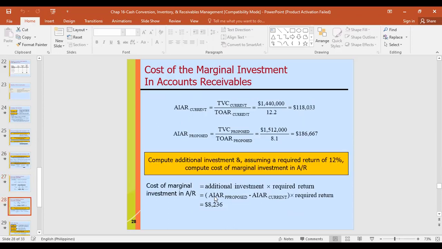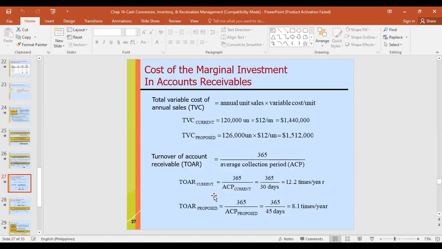Okay, so a while ago, what we did was a shortcut, but this is the actual computation that would really result to the actual answer because we have a rounding difference. So we just have to follow this one. We get the total variable cost of current and proposed. Then after that, using the formula of turnover, which is 365 over ACP.